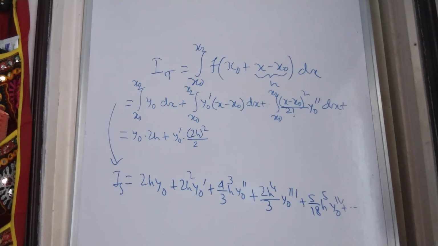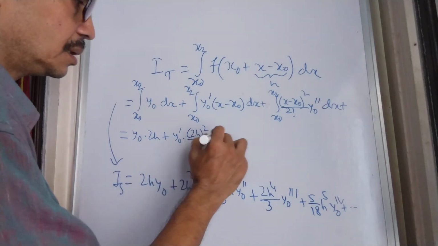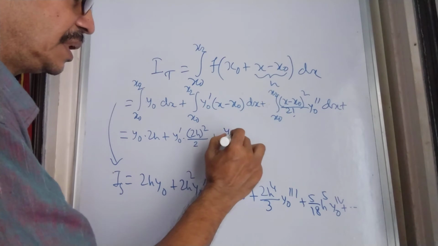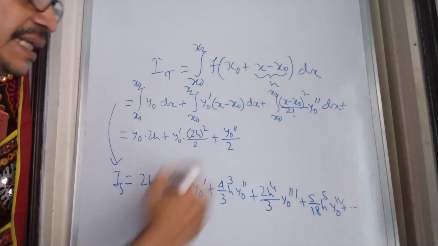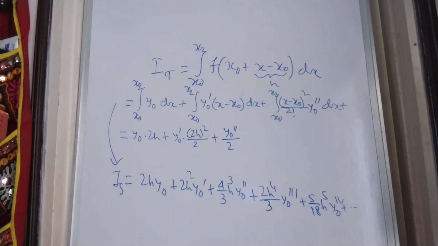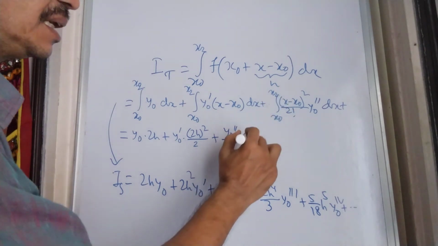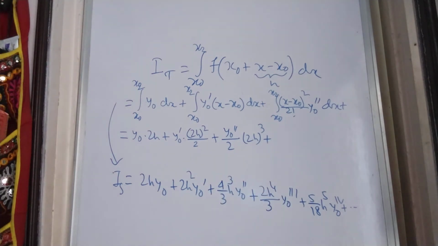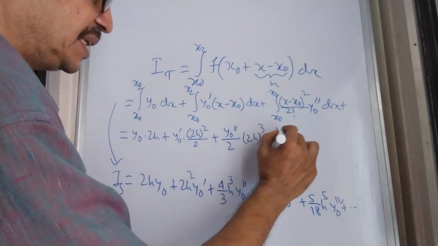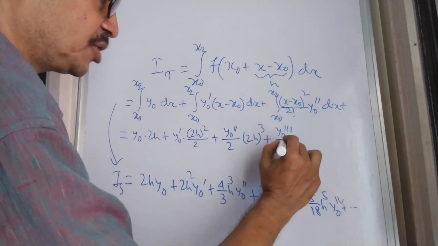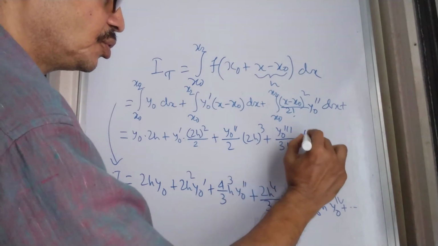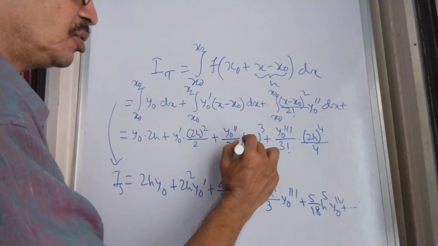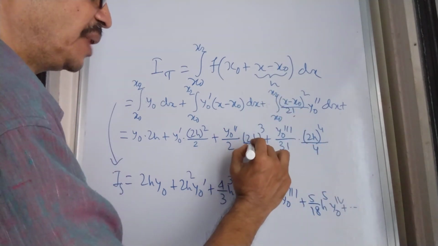Next we have this. So y0'' by 2 is taken out of the integral, being constant, and this gives 2h cube by 3. I forgot to write this. This is the value of the integral. What will be the next term? Obviously it will be y0''' by factorial 3 into 2h whole to the power 4 by 4.